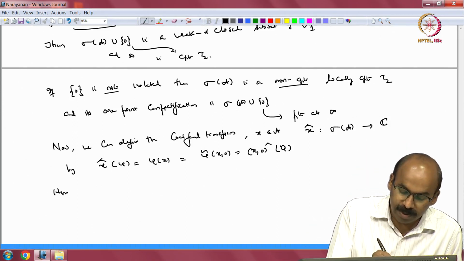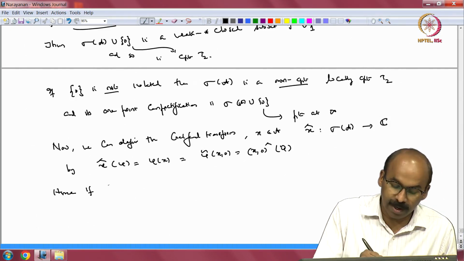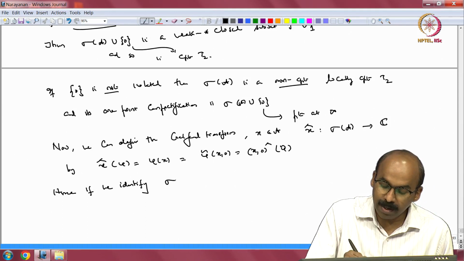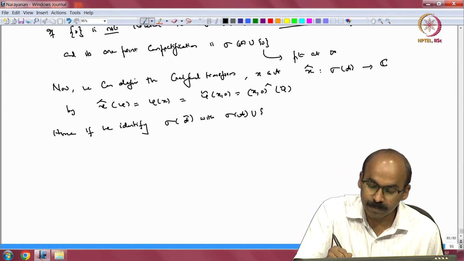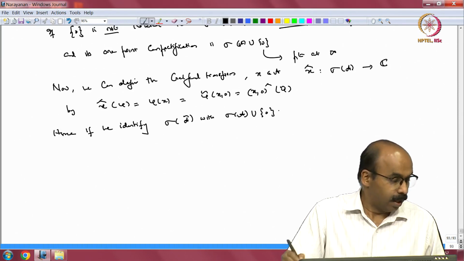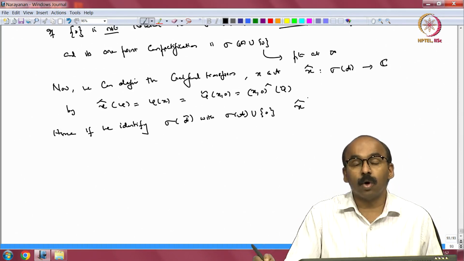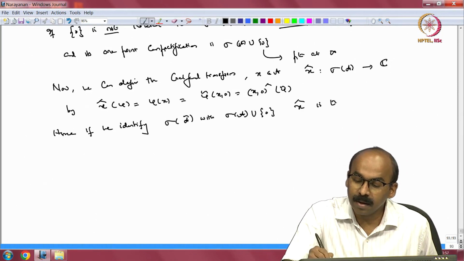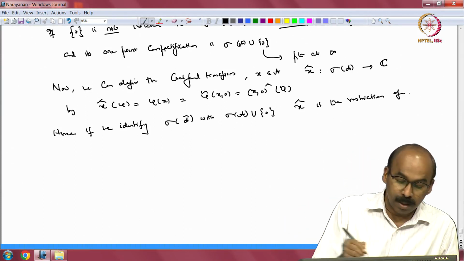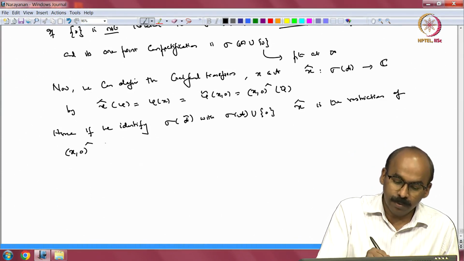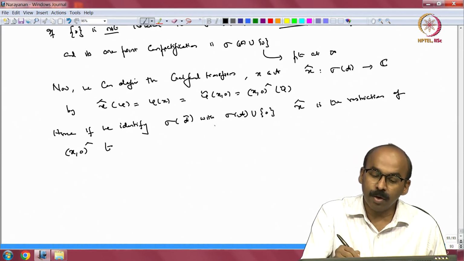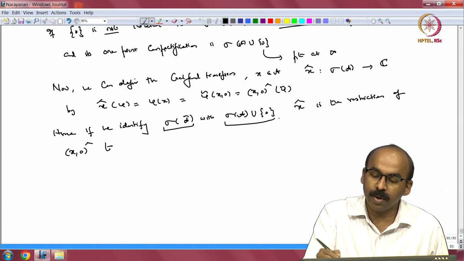Okay. What does it say? So, hence if we identify sigma A tilde with sigma A union 0, okay, x hat, that is the Gelfand transform of x in A, is the restriction of (x, 0), but that is in A tilde, its Gelfand transform, to, well, its Gelfand transform is actually on sigma A tilde, but sigma A tilde is sigma A union 0, right.